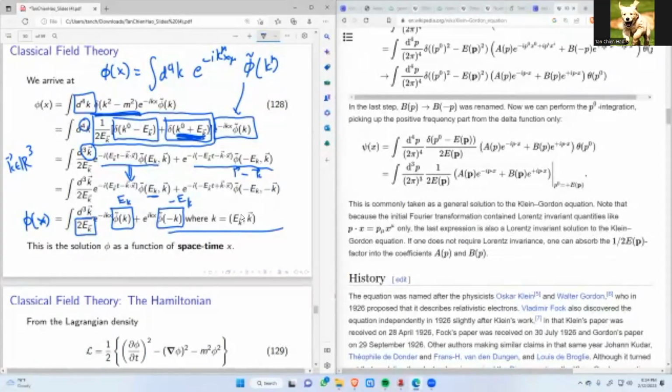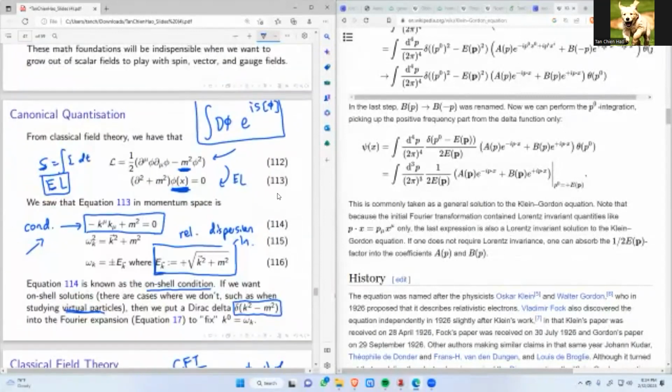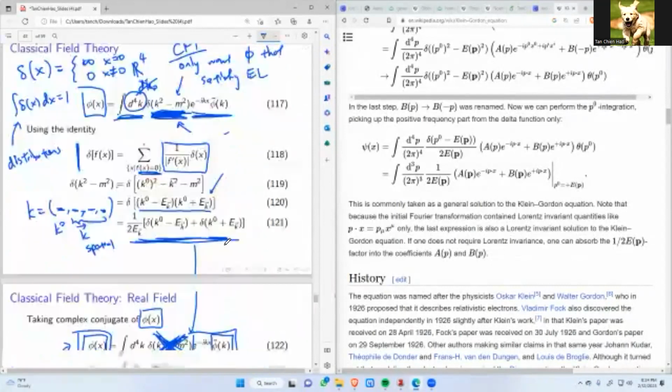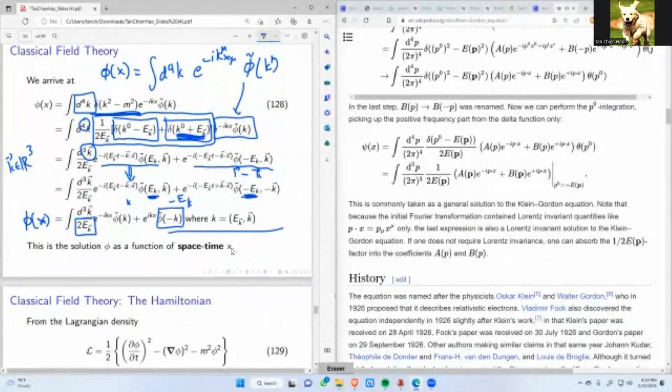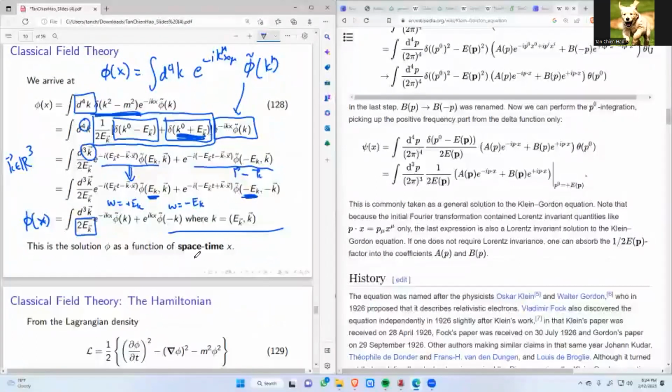We substitute in ek over here and minus ek over here, and ek itself is positive because we defined it up here to be positive. So this one has frequency positive ek, and this one has frequency minus ek. That's what they mean by positive and negative frequency components.